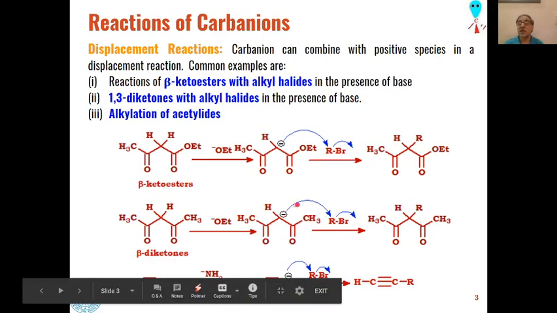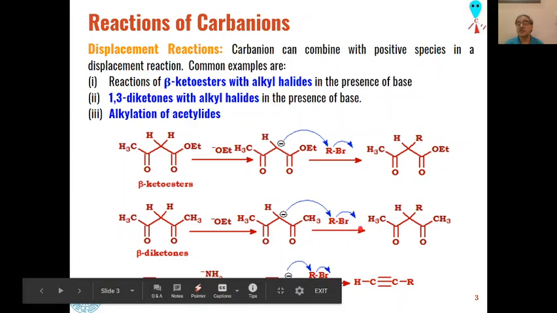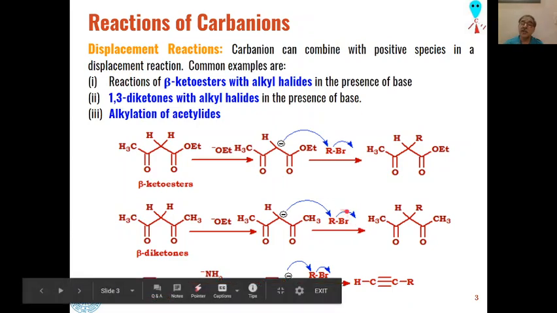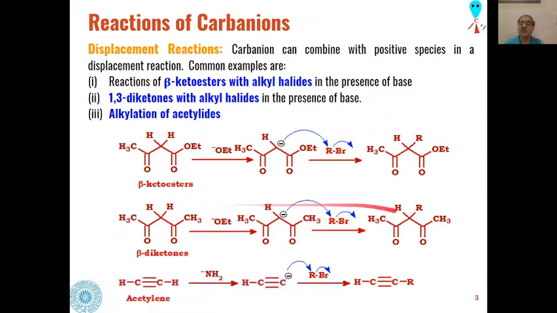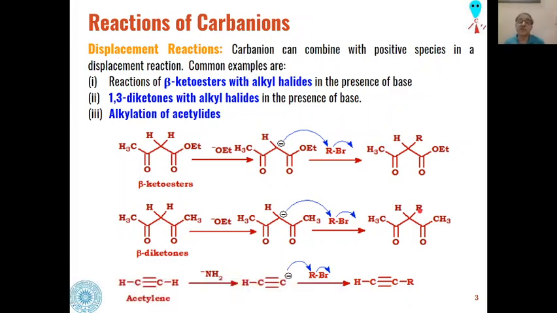Again this carbanion can act as a nucleophile, and this will displace the bromide ion or halide ion from the alkyl halide. So here again alkylation of beta diketones will take place. H will be displaced by the R group. This type of displacement is called a displacement reaction in the case of carbanions.